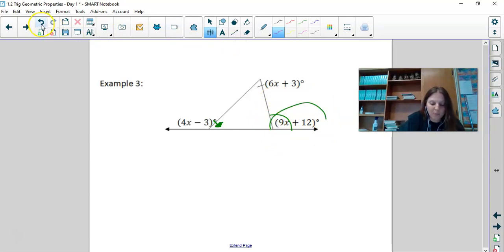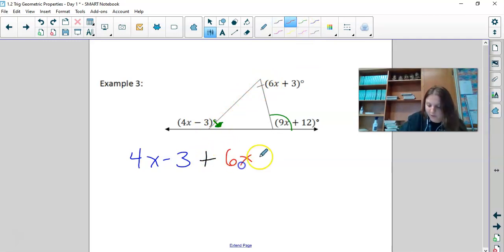So according to that property, the sum of the measure of these two angles will equal this outside angle. So that's how I'm going to set it up. It doesn't matter which of the two interior angles you start with, as long as you're adding them together. And according to the property, that's going to equal this one on the outside.